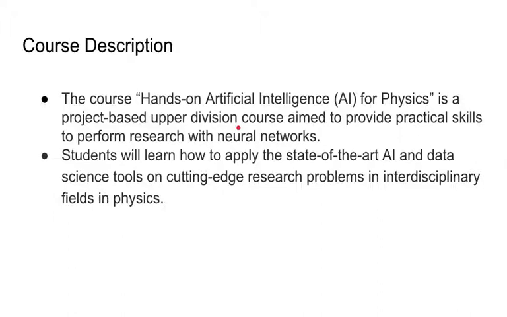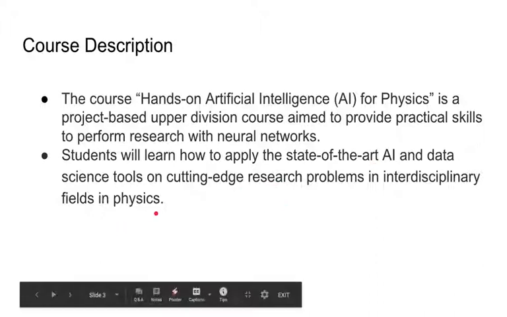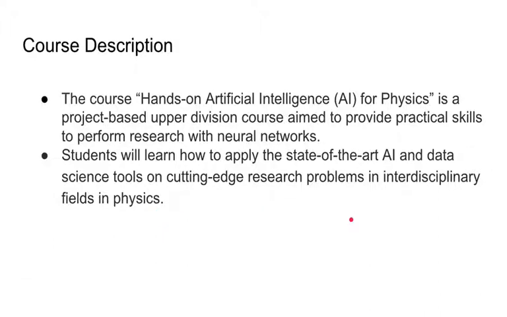Students will learn how to apply state-of-the-art artificial intelligence algorithms and data science tools on cutting-edge research problems in interdisciplinary fields in physics, including particle physics, condensed matter physics, and astronomy. The state-of-the-art AI algorithms and data science tools will focus on the standard industry tools that have been popularly used in recent data science development.